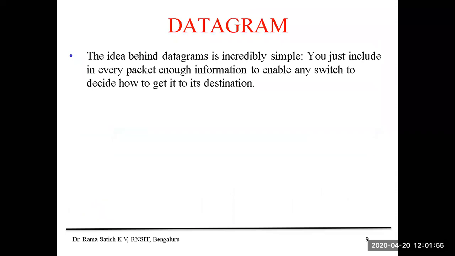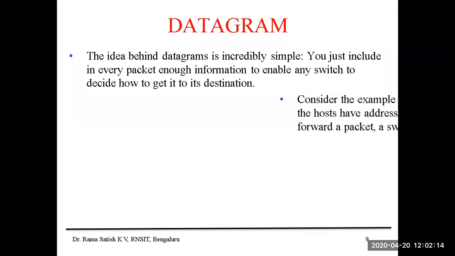You just include in every packet enough information to enable any switch to decide how to get it to its destination. There is no acknowledgement, no connection establishment. It only has to be transmitted. That's all.